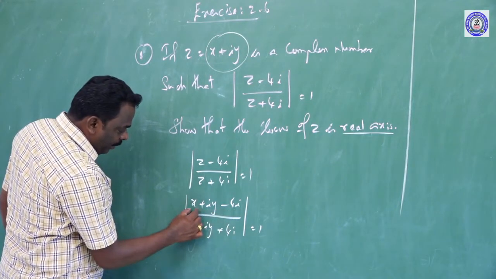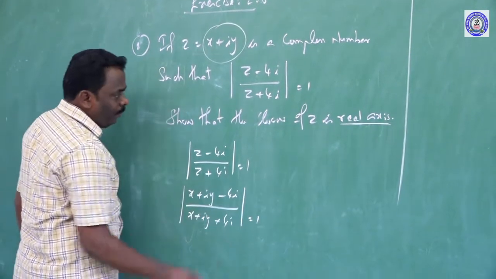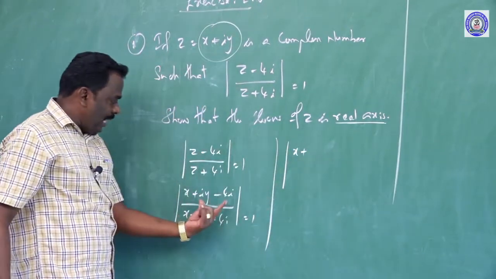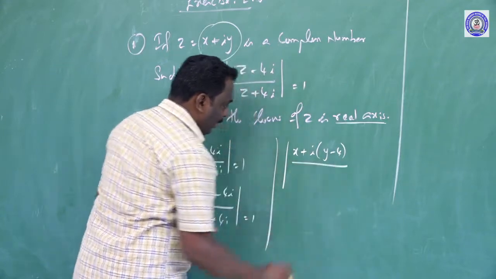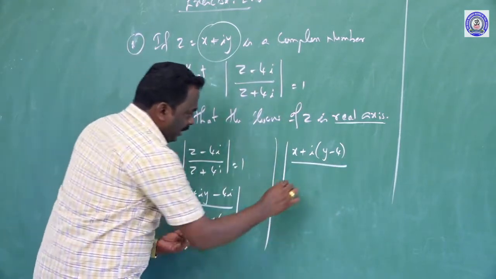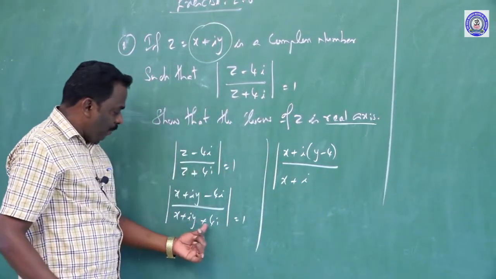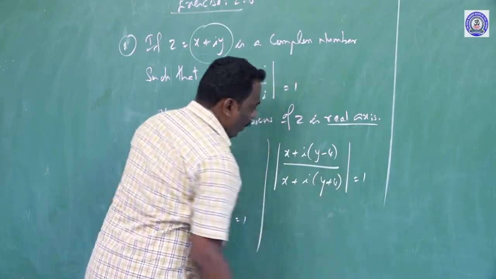Here the real term is x and the imaginary term is y, with i common, taking y minus 4 commonly. Therefore, modulus of x is the real term and i into y minus 4 is the imaginary term. Similarly here x is the real term and the imaginary term is i times y plus 4, and that is equal to 1.